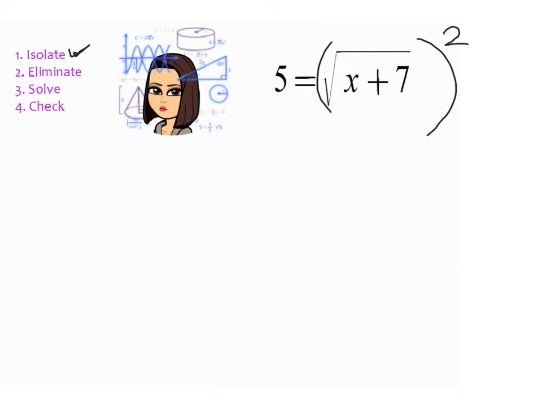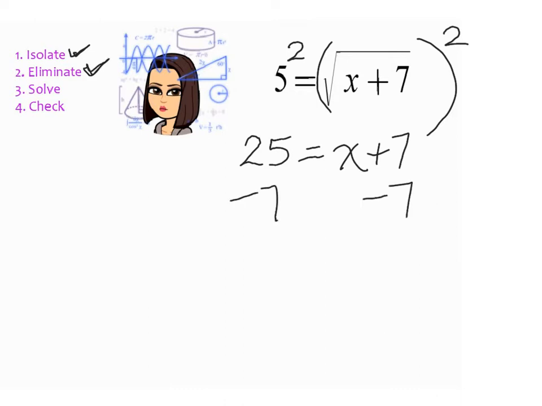If I square the right, then I need to square the left. Okay, so I'm going to write what I have, 25 equals x plus 7. That was my eliminate. Now I need to solve. I'm going to subtract 7, and x equals, I think it's 18.